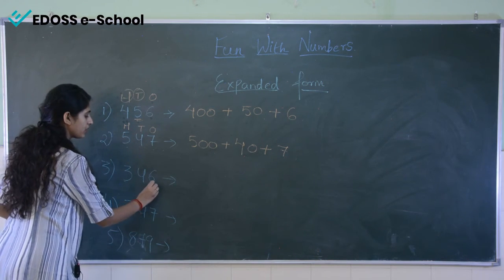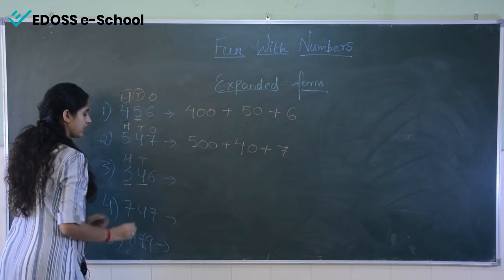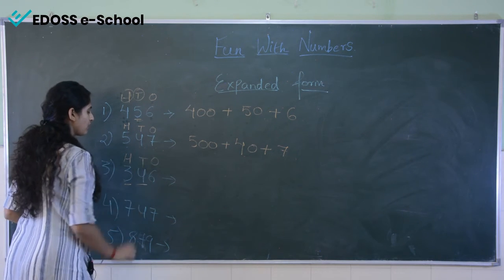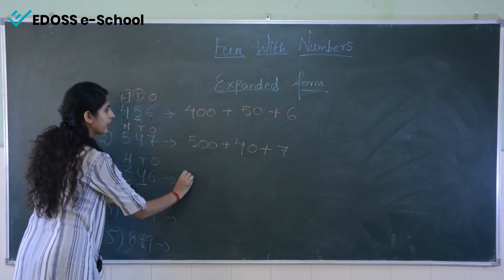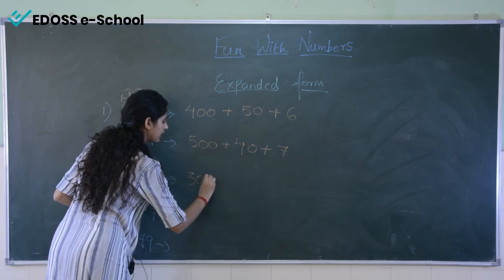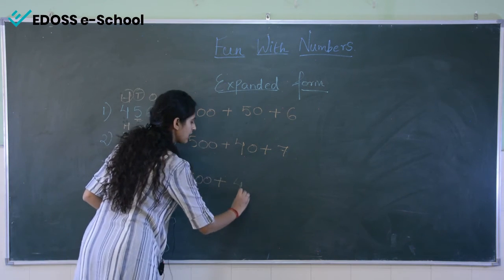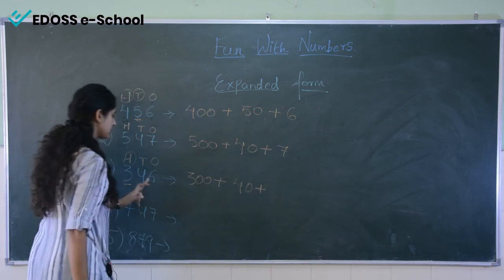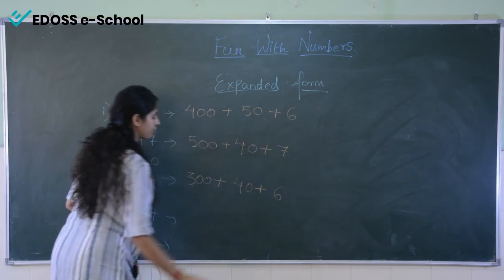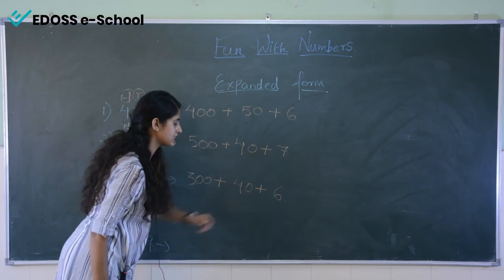Next 346. Place value of 3 is 100, 4 is tens and 6 is ones. So 300 plus 4 tens, that is 40, plus 6. So expanded form of 346 is 300 plus 40 plus 6.